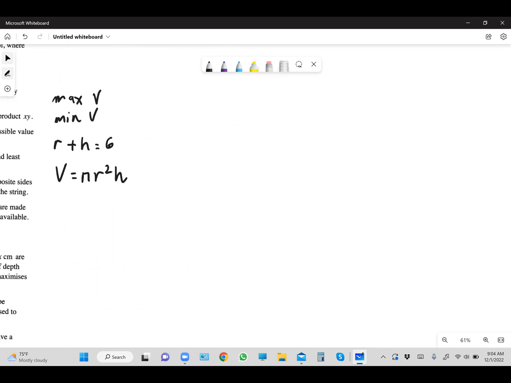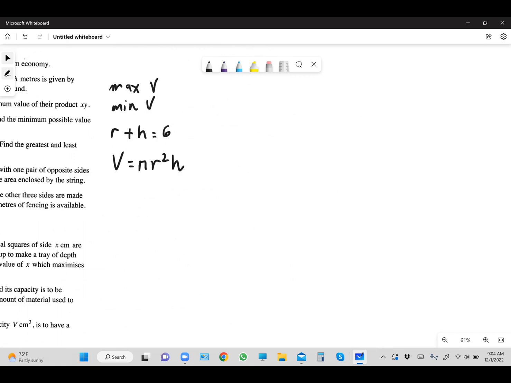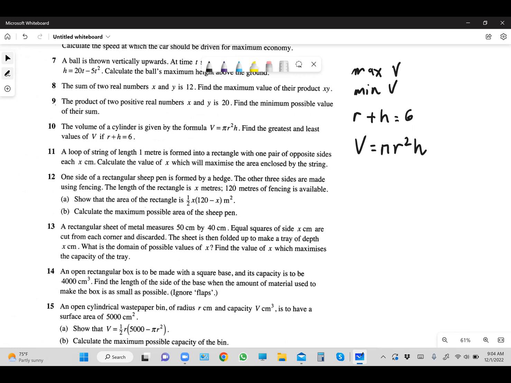So if we take a look at that right now, we realize that we want to find a derivative of the volume, right? But here's the problem. We have two variables. We have r and we have height. So there's the question right there.